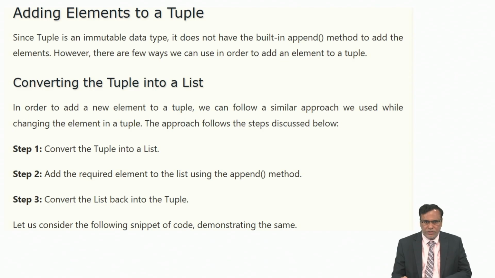So if you want to add more items to a tuple after its creation, you need to follow the same procedure we followed in modifying an element of a tuple. That is, first convert the tuple into a list, make the modification, and convert the list back to a tuple.